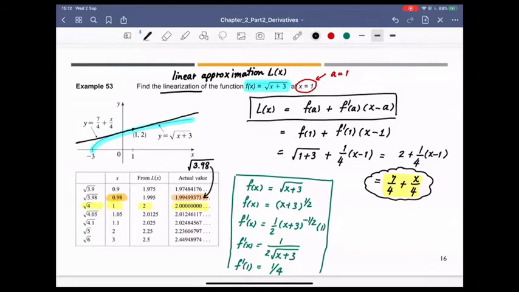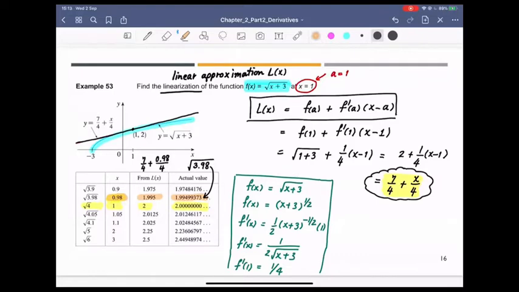But if you do not want to use the calculator, you can just plug in 0.98 into the function L, and you're going to get 7 over 4 plus 0.98 over 4. What you get is going to be 1.995. And we're going to use 1.995 as our approximation of square root of 3.98.